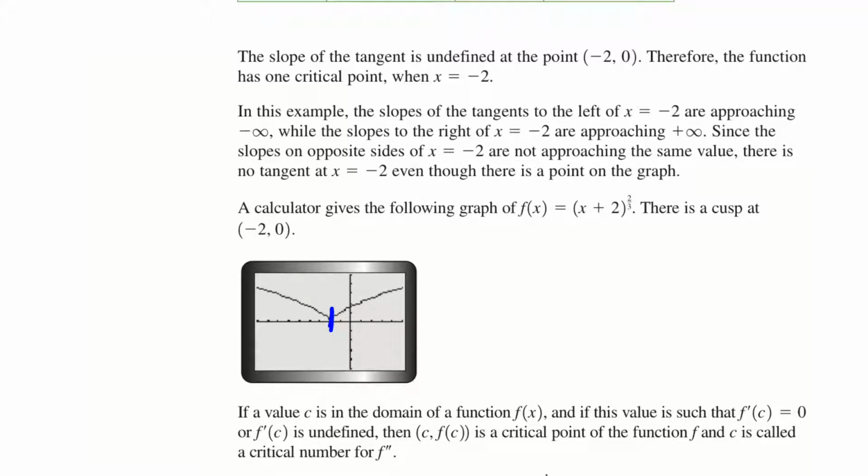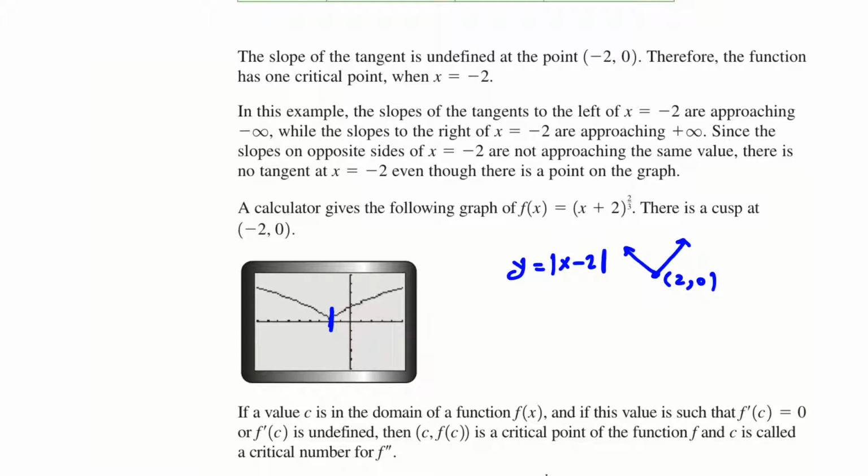In one of the examples or exercises we had before, we talked about the graph of y equals the absolute value of x minus 2, and we saw at 2 the derivative does not exist, but it is a local minimum.